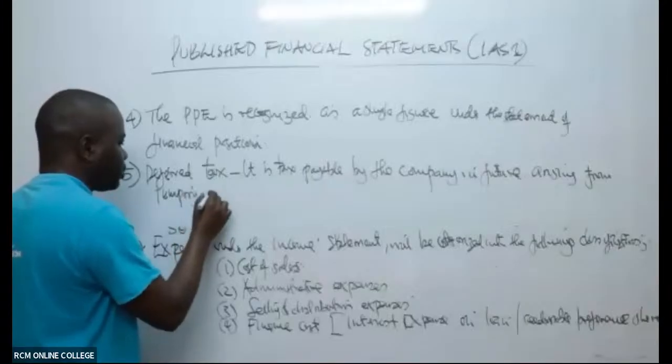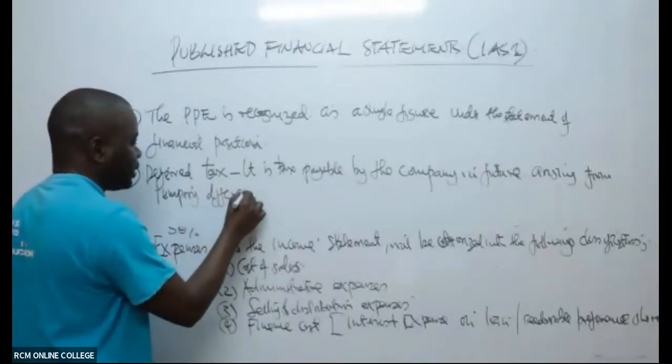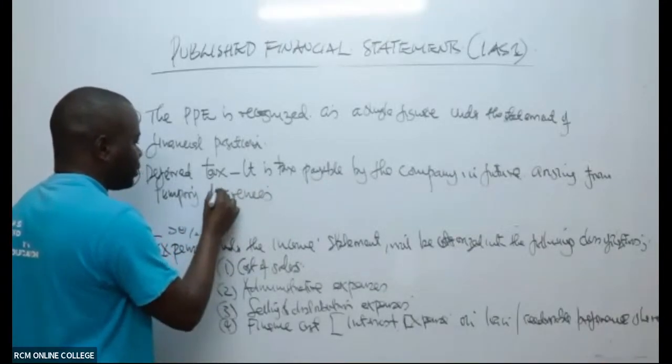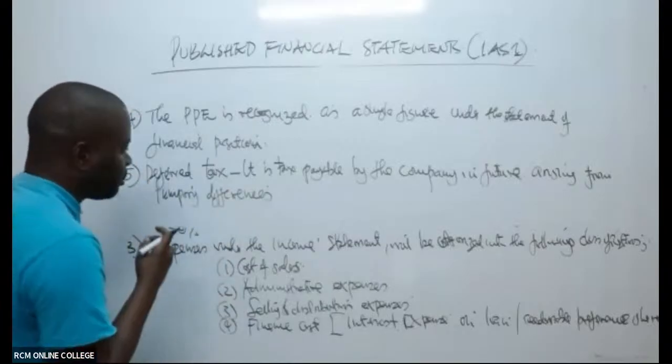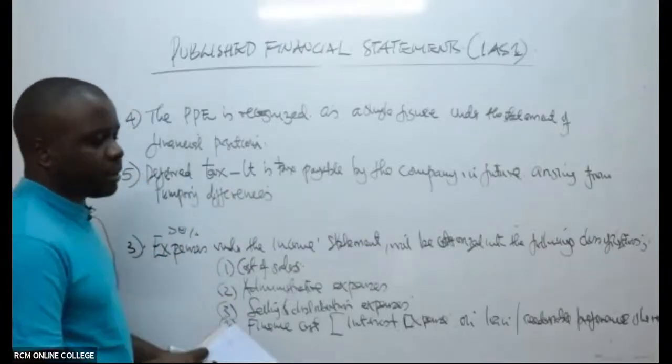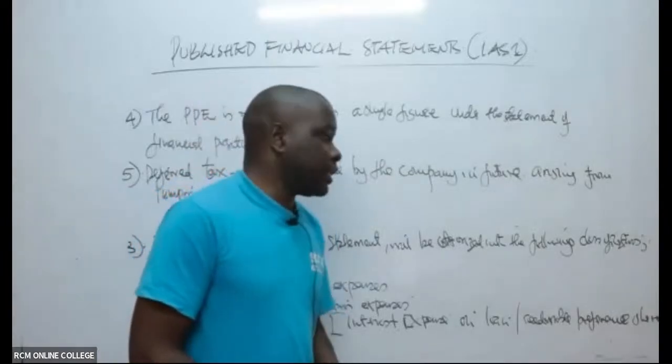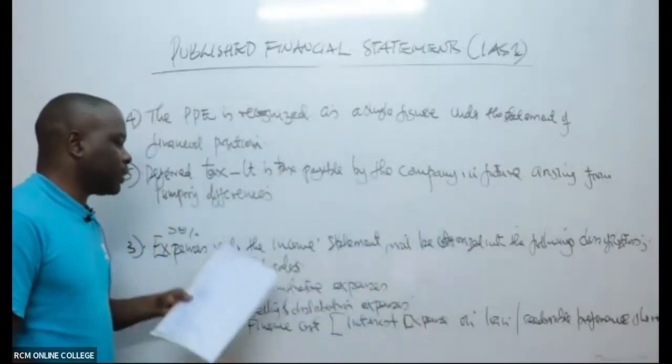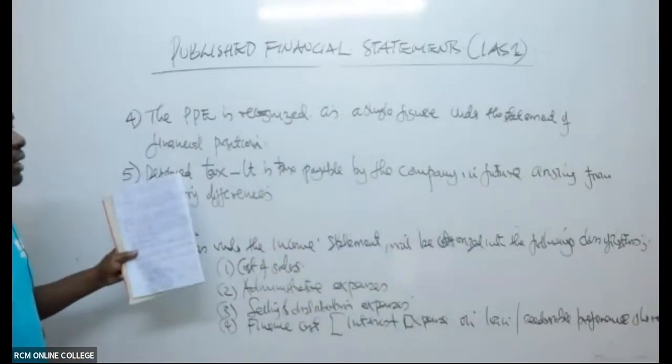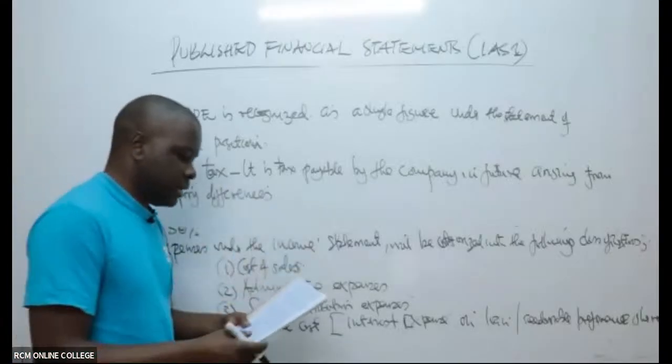I don't know if you can recall how we are coming up with the temporary differences. You need to go back to that topic and remind yourself. We take the carrying amount minus the tax base. Then to get the deferred tax, we took 30% of the temporary difference to get the tax to be claimed in future.